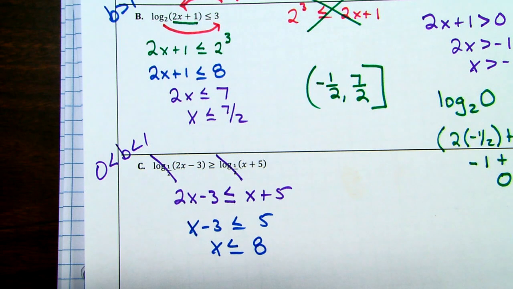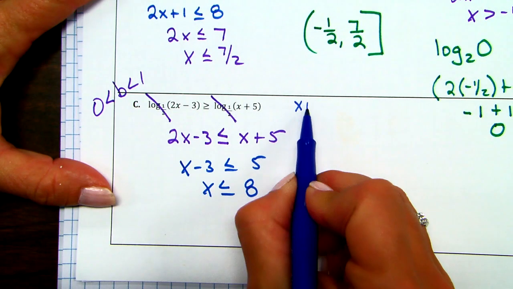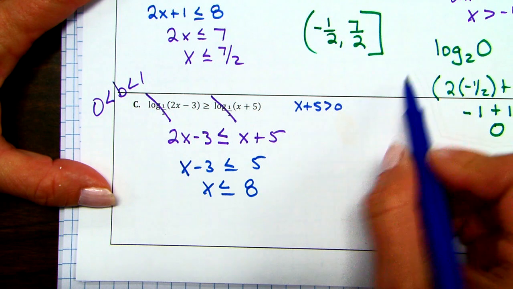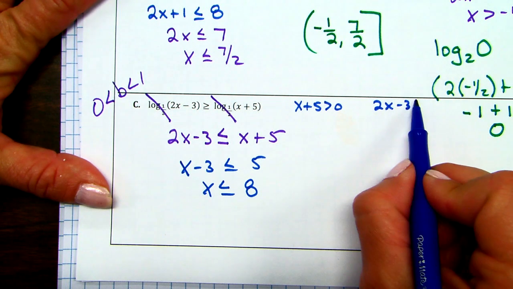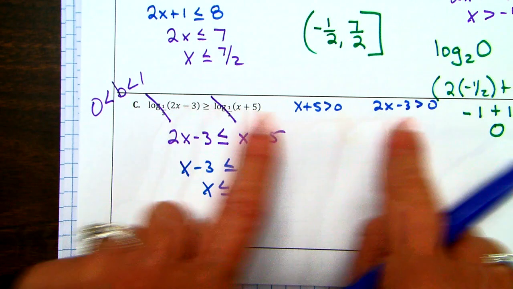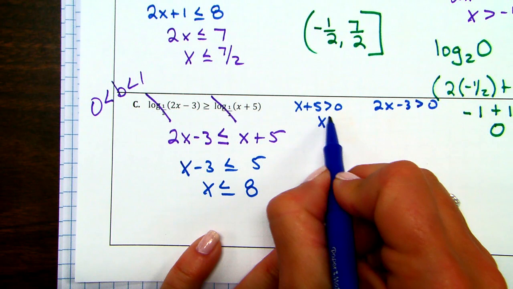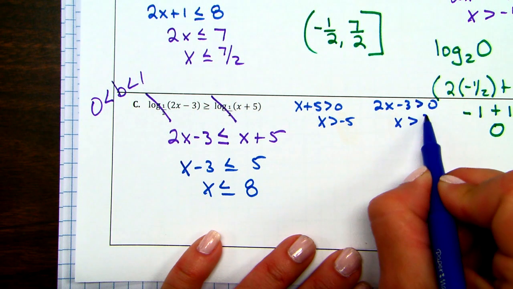So x is less than or equal to 8, but let's remember, x plus 5 has to be greater than 0, and 2x minus 3 has to be greater than 0, right? Everybody agree with me? We have 2 x's in there we have to respect. So x has to be greater than negative 5, and x has to be greater than 3/2.